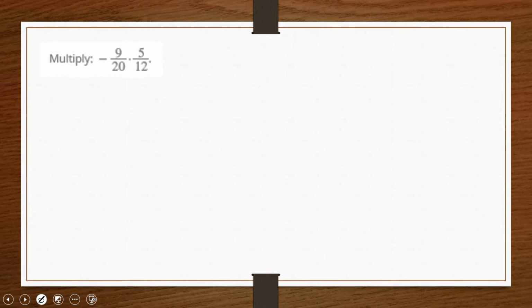So let's look at the example we have here. Again, I have -9/20 times 5/12, right? And my general fraction multiplication looks something like this. We got a times c in the numerator as the result, and b times d in the denominator, right?